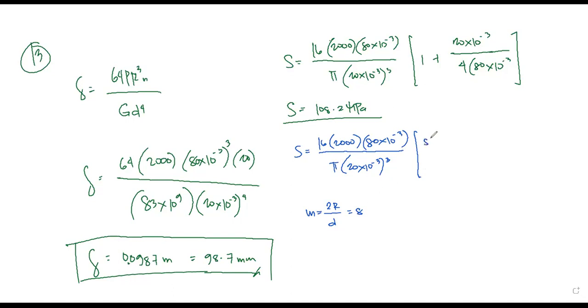So we have here 8 minus 1. Okay, and then 8 minus 4 plus 0.615 over 8.